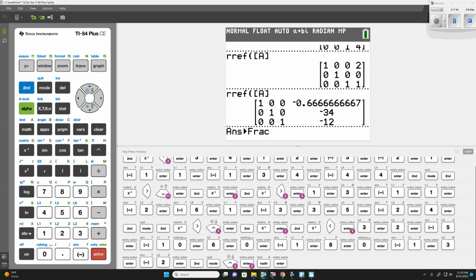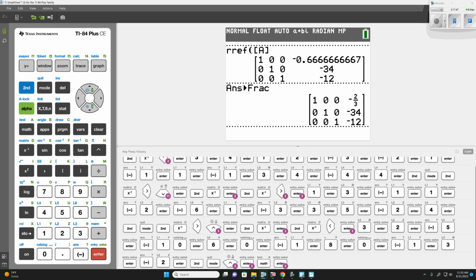Since we didn't put anything in front of it, it's going to grab the previous answer. So our matrix C with the decimal. If you hit enter again, it'll turn every decimal into a fraction that it can. So it turned that negative 0.6 repeated into negative 2/3.